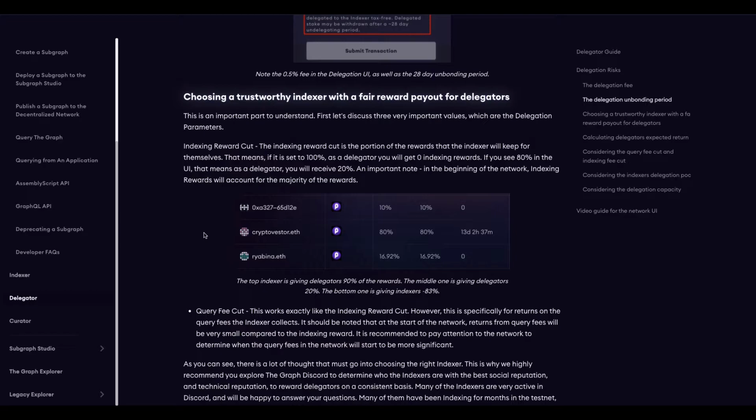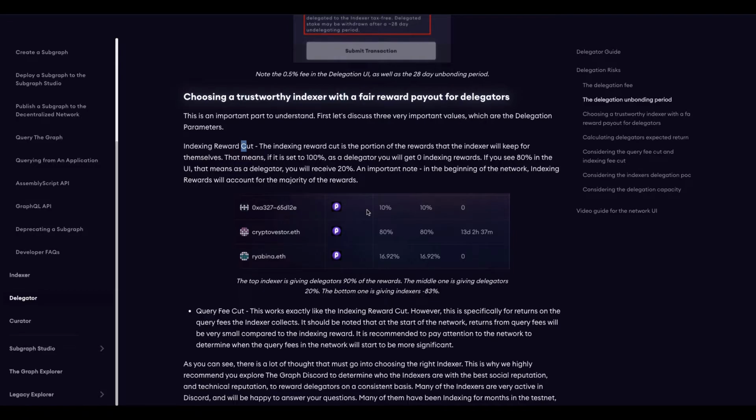So as a delegator, you choose your indexer when you want to earn rewards. One of the first things you want to keep an eye on is indexing reward cuts. We'll use this picture as an example. For this indexer here, their reward cut is 10%.